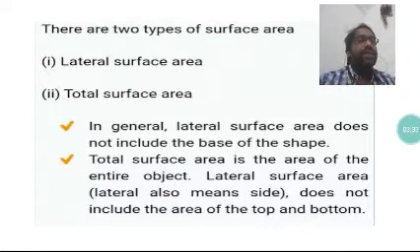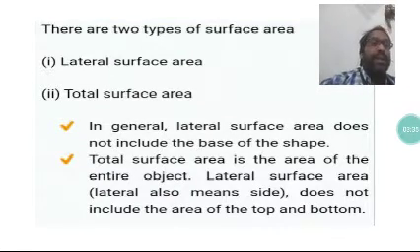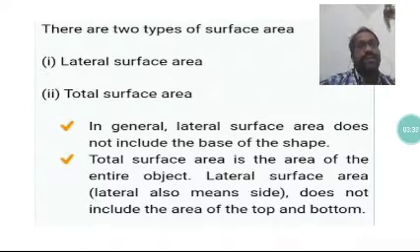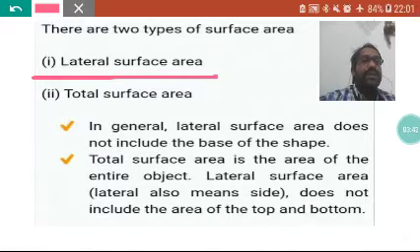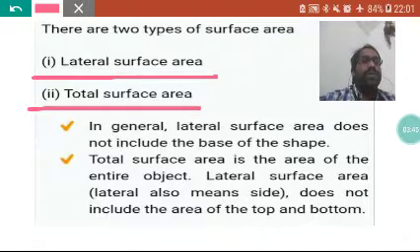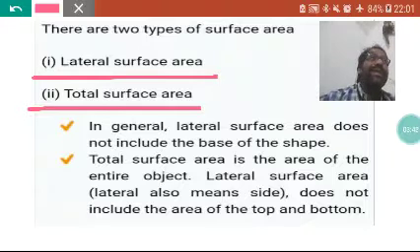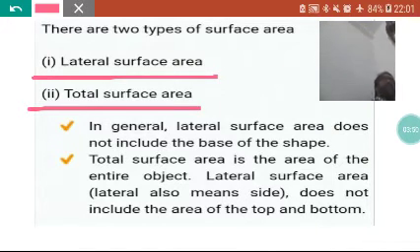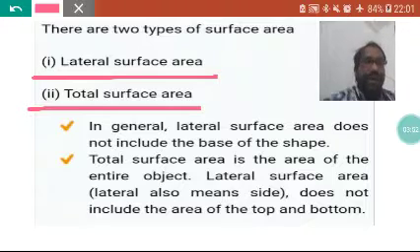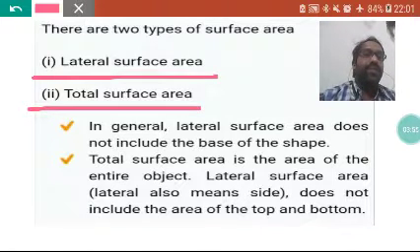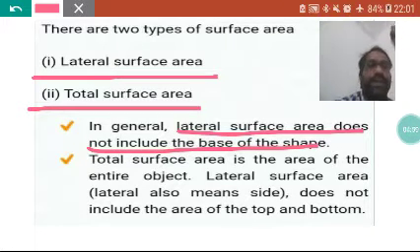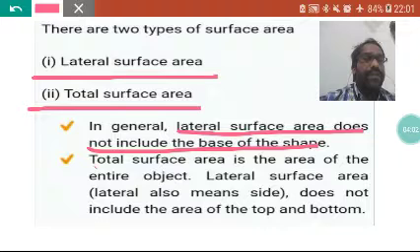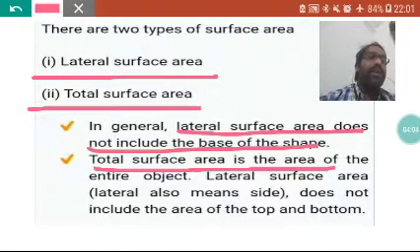Then what is surface area? In this chapter we'll read about two types of surface areas. What are they? First is the lateral surface area, and the other is the total surface area. What is the lateral surface area? The area which does not include the base is called the lateral surface area. It is also written that lateral surface area does not include the base of the shape. Clear? And the total surface area includes the entire object.